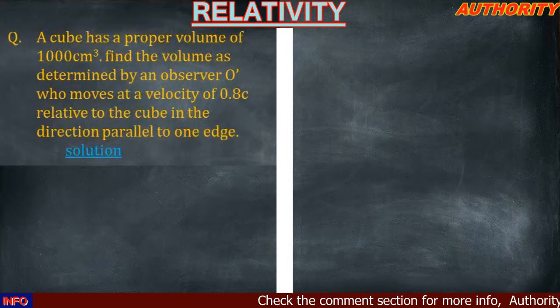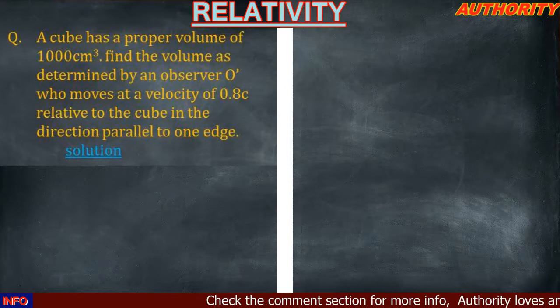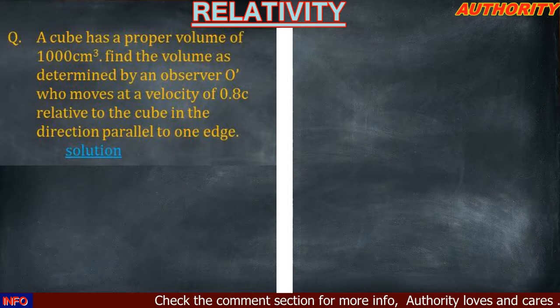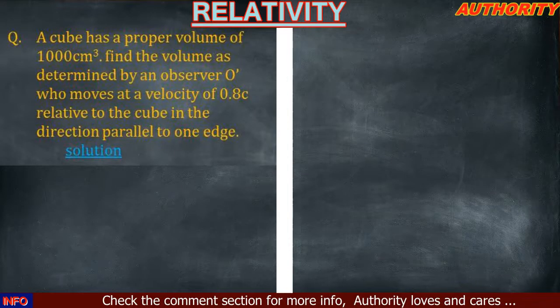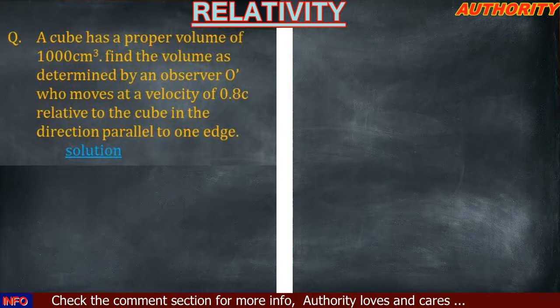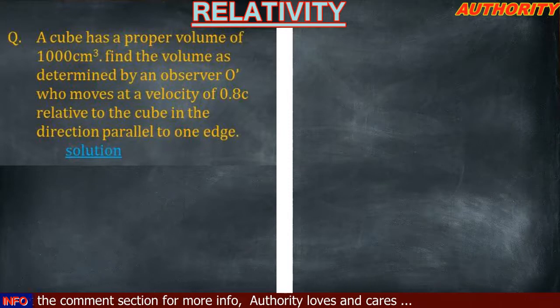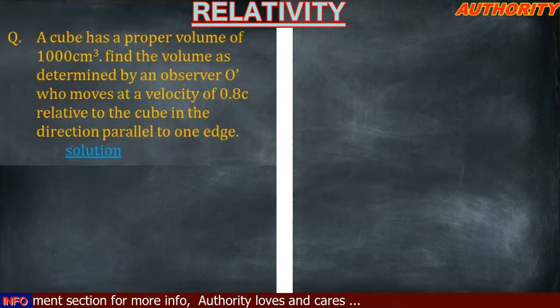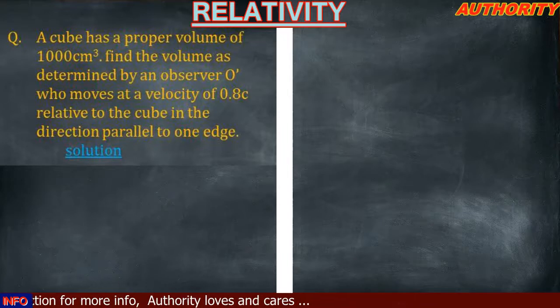Now here we have 2 observers, O and O prime. The sides measured by O prime are going to have a prime. Maybe in x direction we have L prime subscript x. That is talking about the contracted length.